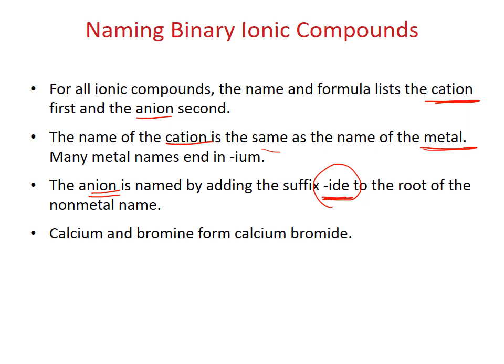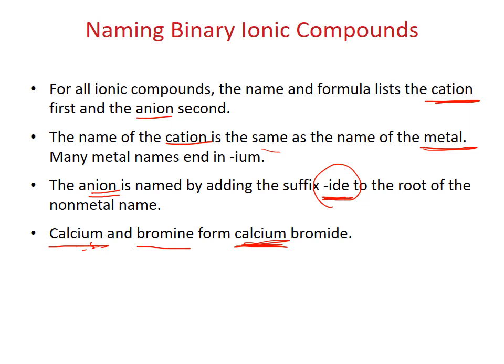So when you mix calcium and bromine, for example, because calcium is a metal, it will lose electrons to form a cation, and therefore you list calcium first. The name is the same as the metal name.